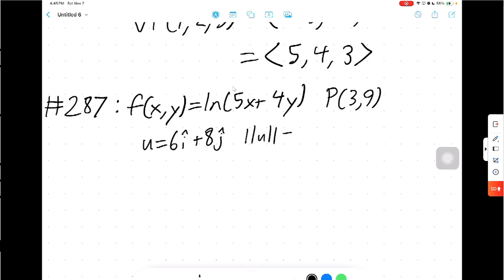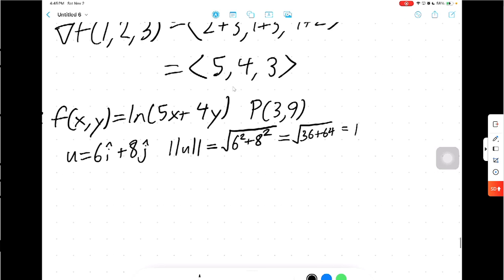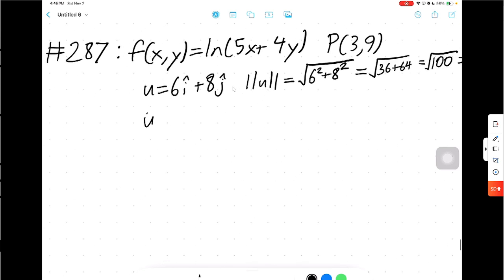The magnitude of u is going to be the square root of 6 squared plus 8 squared, 36 plus 64, which is equal to the square root of 100, which is 10. So the unit vector is 6/10 or 3/5 i plus 4/5 j.